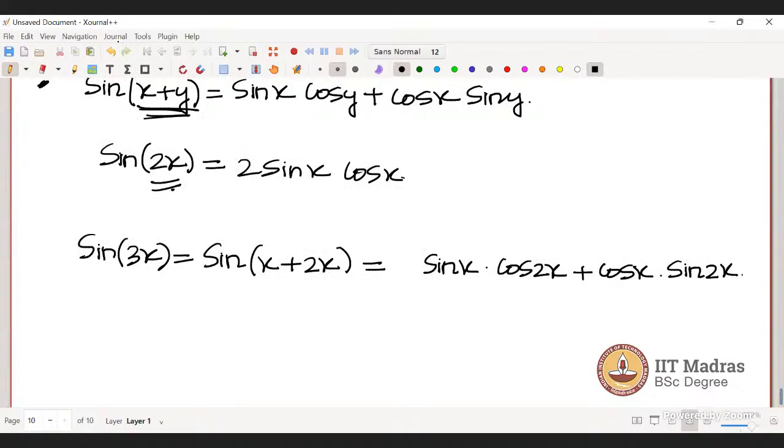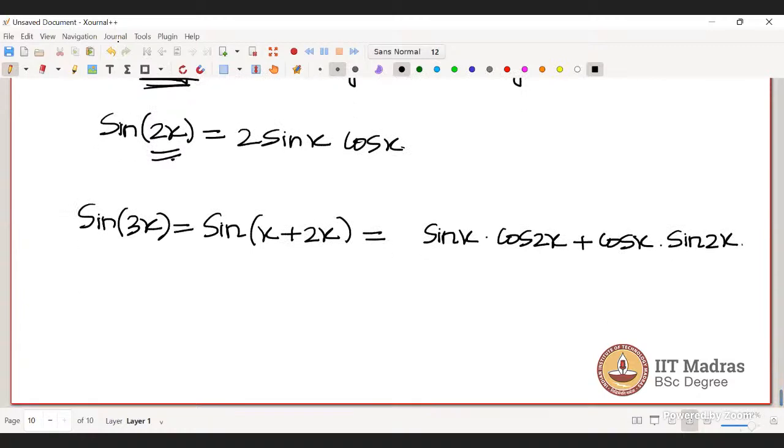So it's basically saying that sin 3x should be equal to 3 sin x minus 4 sin cube x. That's the equation. Yes.